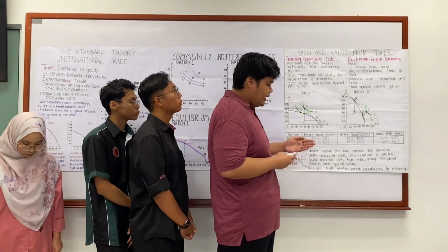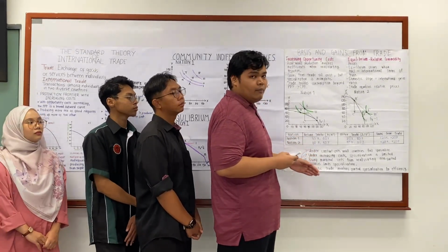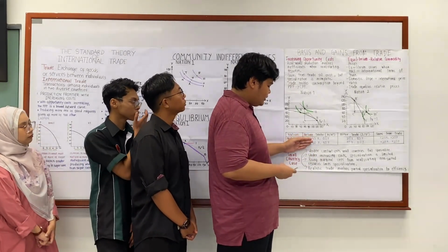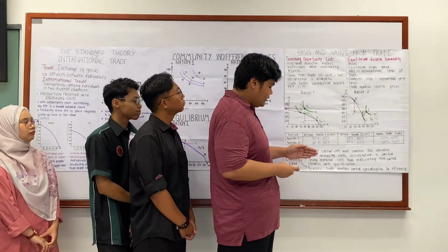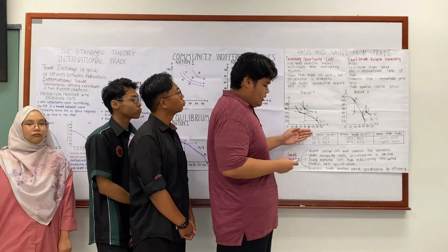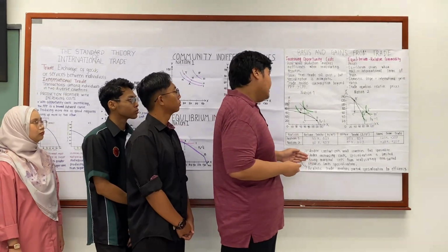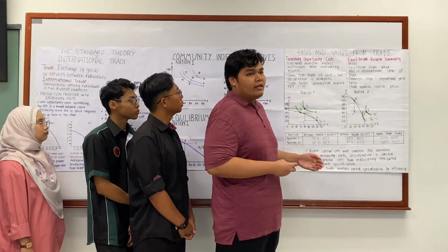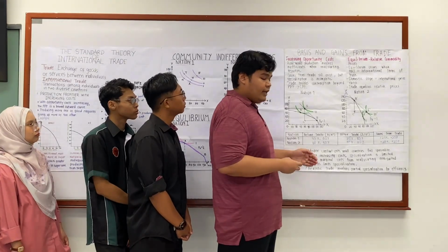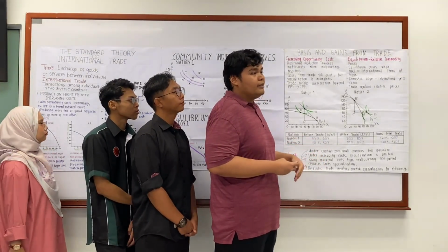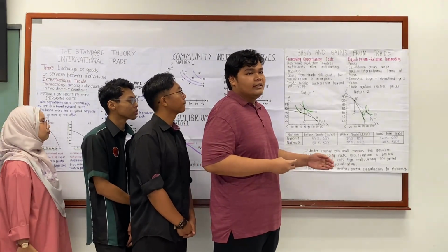It eventually uses less suited resources, raising marginal costs. At some point, it becomes inefficient to specialize further, and so the country diversifies production again to avoid losses. Thus, this is the more realistic scenario and highlights the limits of full specialization when real-world factors are considered.